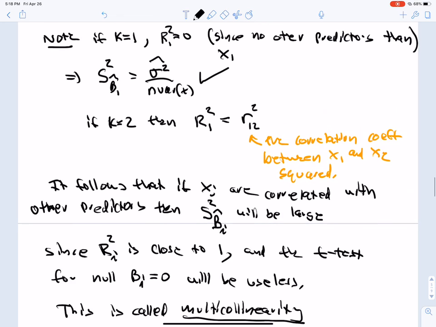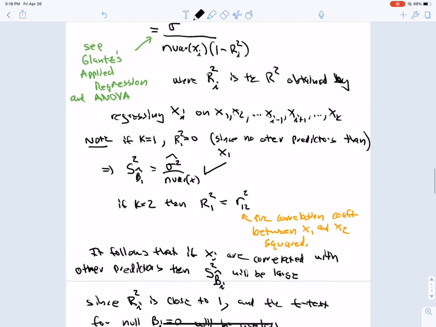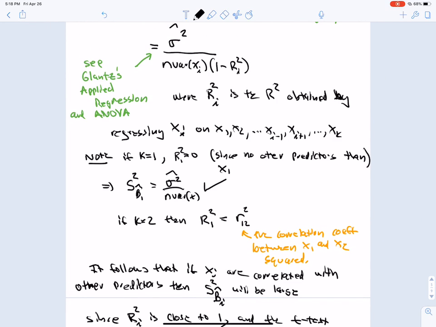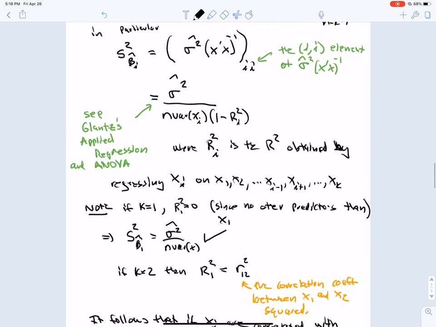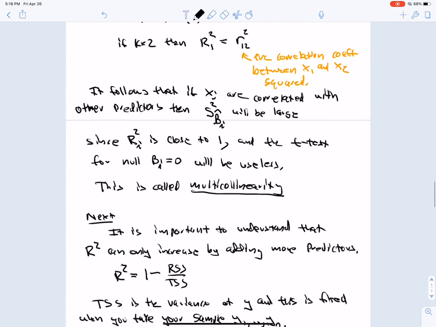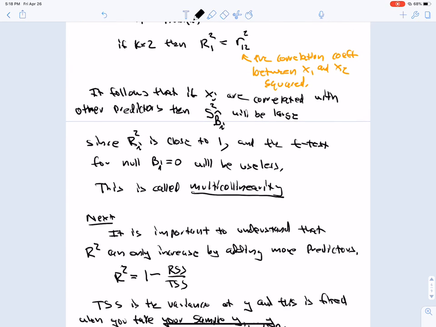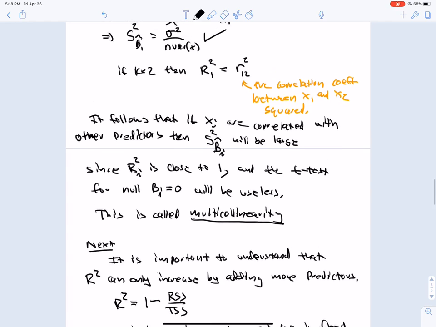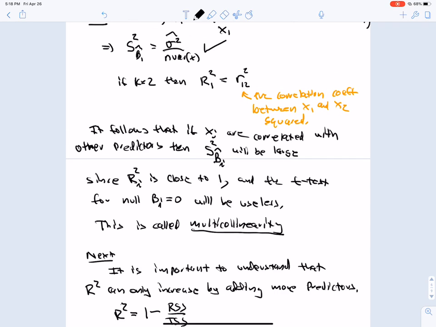And that's because this 1 minus Ri squared term will be small, and it's in the denominator, so that'll make the standard error squared large. And if the standard error is large, that means you have huge confidence intervals.